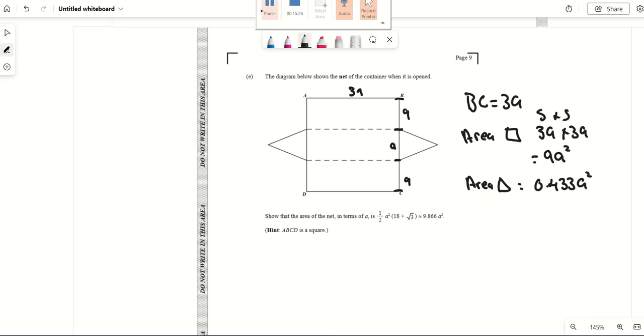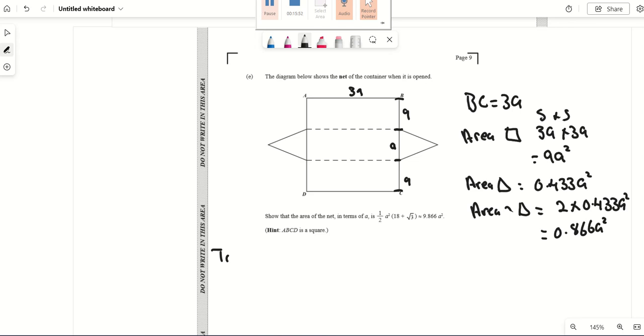So that was one triangle, but how many triangles are there? The area of two triangles would be 2 multiplied by 0.433E squared. So 2 multiplied by 0.433 is going to be 0.866E squared.